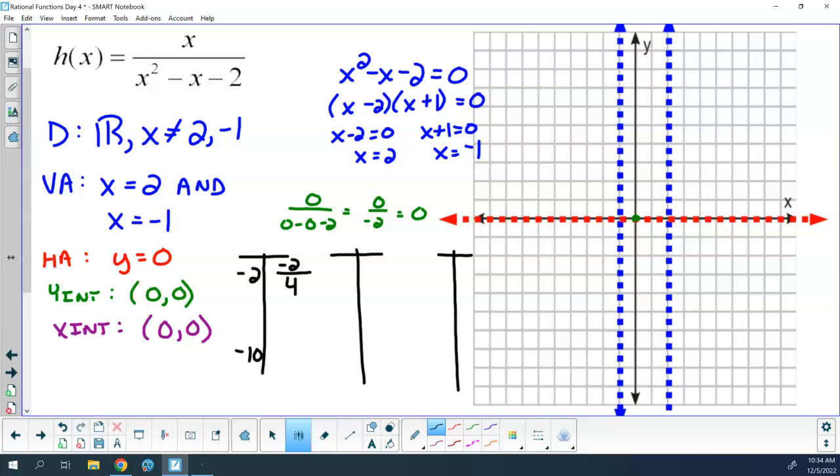So we get -1/2 there. -10 would be -10 on top. 100 plus 10 is 110. Minus 2 is 108. That's going to be about -0.1. So this zone of the graph is right there.